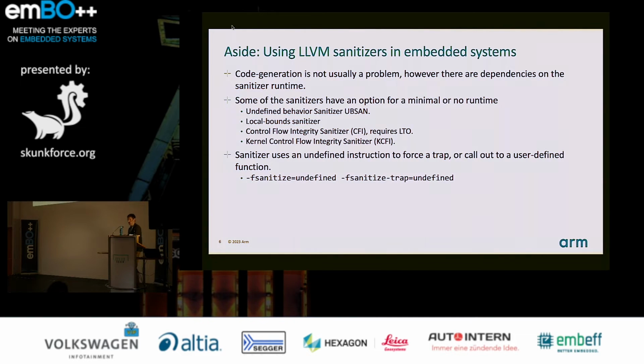So just to show how you can use the undefined behavior sanitizer. By default, it will call out to a runtime function, which typically you won't get supplied with your toolchain. But you can tell the compiler to use it in traps only mode, where basically it'll halt the program if it detects undefined behavior. You just need to add fsanitize-trap, and then there's all sorts of configuration options where you can choose which one to go for.